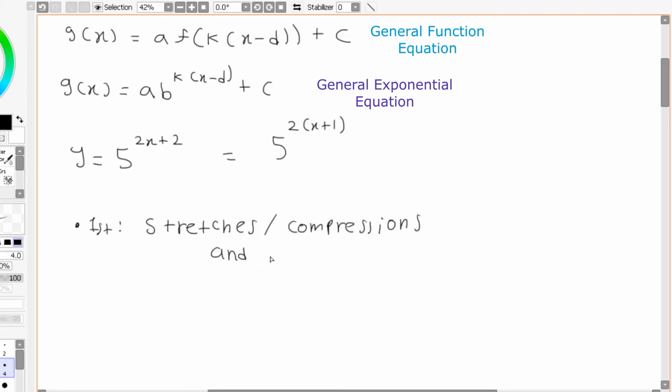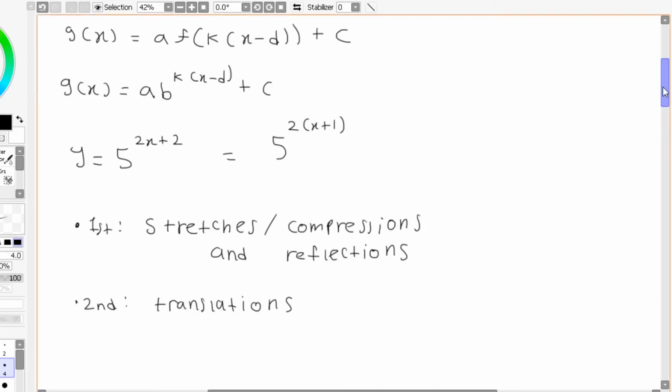And reflections over the appropriate axis. And then the second part you'd want to do are all the translations. So that is up, down, left, right. It leads to less plugging in and less probability for error if you take them in this order.